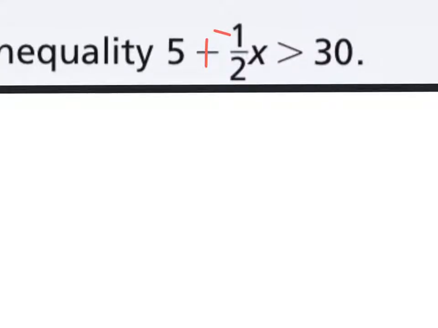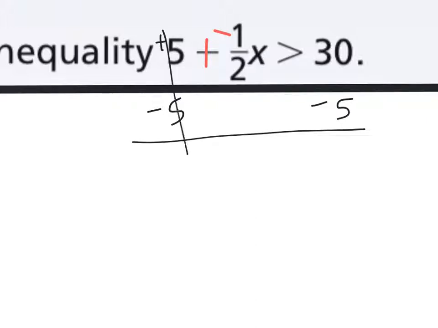So to get our variable term by itself, this is a positive 5. If you want to, you can put a plus in front of it to indicate it is a positive 5. And to get rid of that, we would need to subtract 5. I know it looks different, but it's really like they're adding 5, we need to subtract 5. It's just in a different order. So you subtract, and it would be 25.